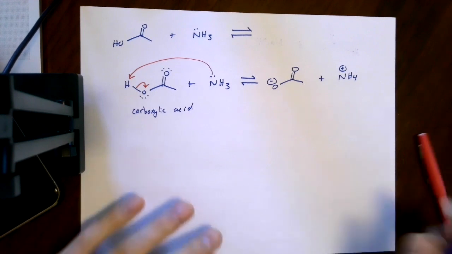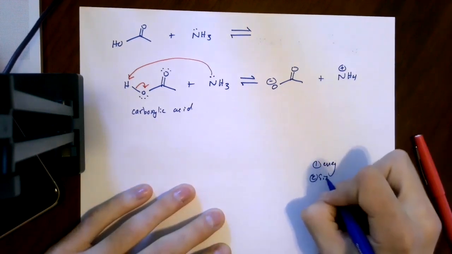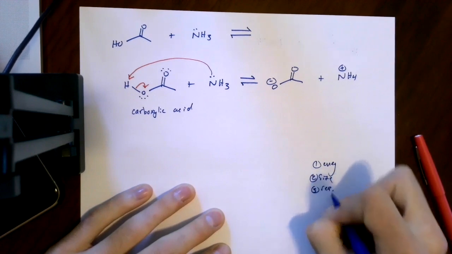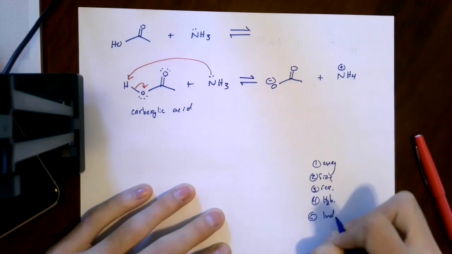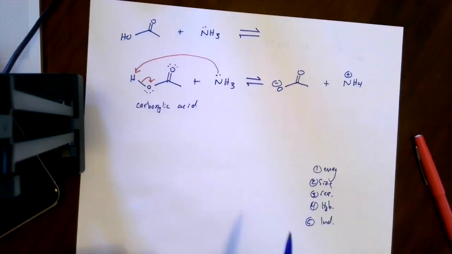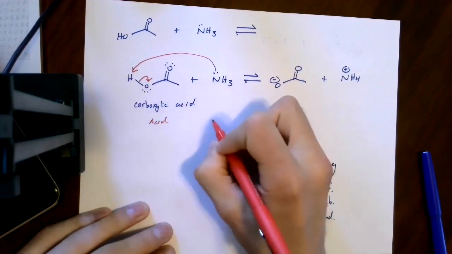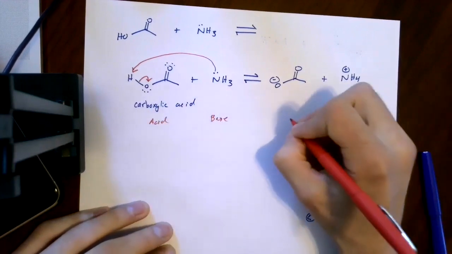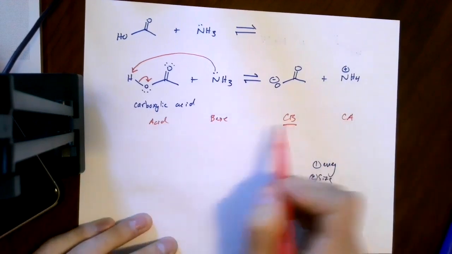So when we're thinking about what we got going on over here, we have electronegativity, size, resonance, hybridization, and induction. So when we're comparing, remember, we have to think which acid, or I guess which base, is more stable.